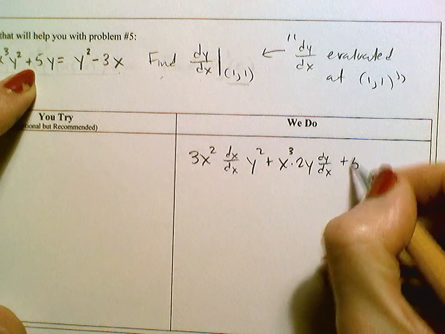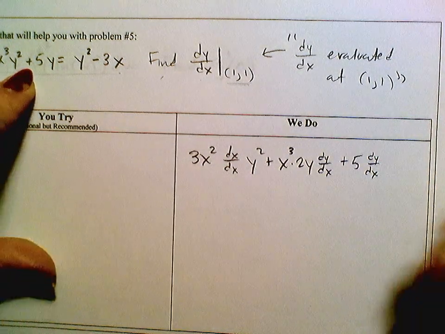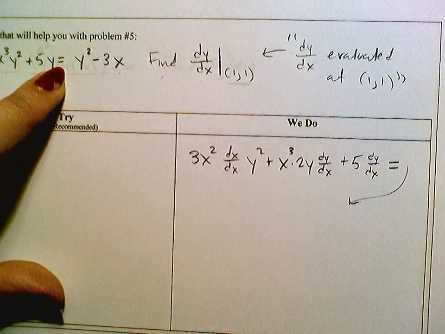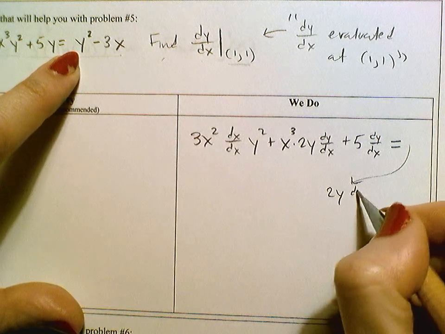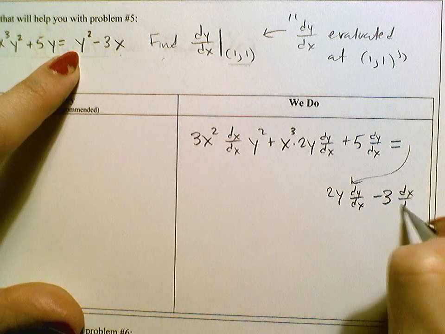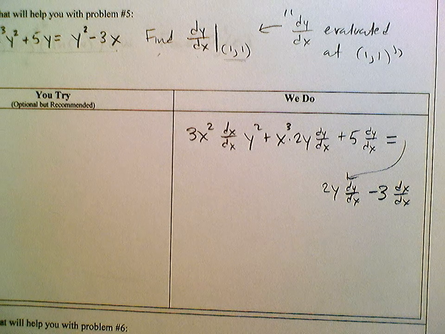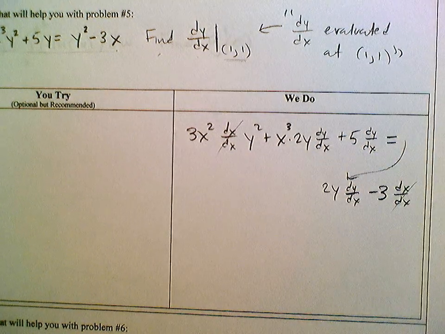Plus 5 dy/dx equals 2y dy/dx minus 3 dx/dx. Okay, so chain rule on everything. But guys, the dx/dx's, those cancel.